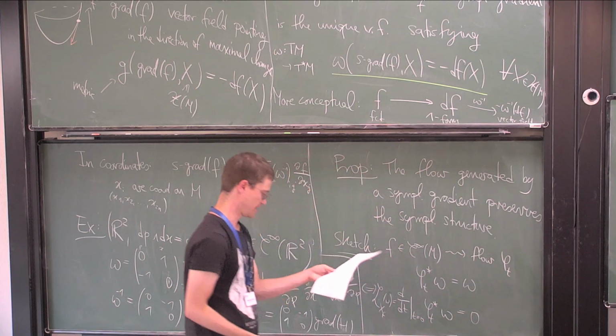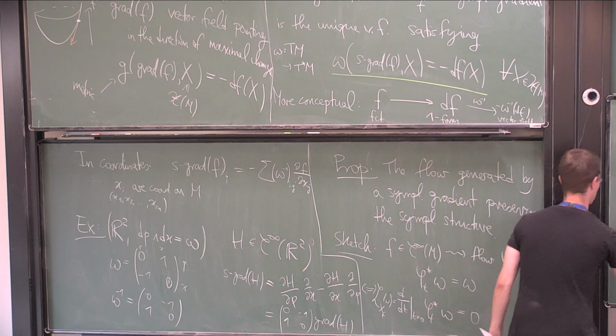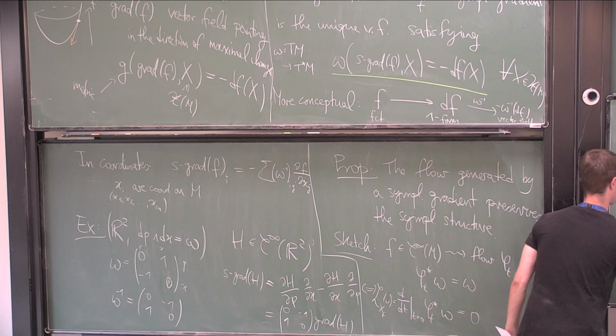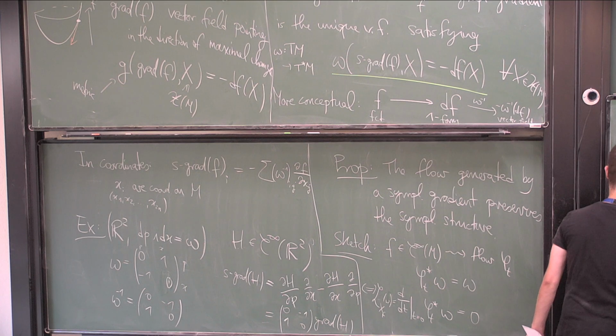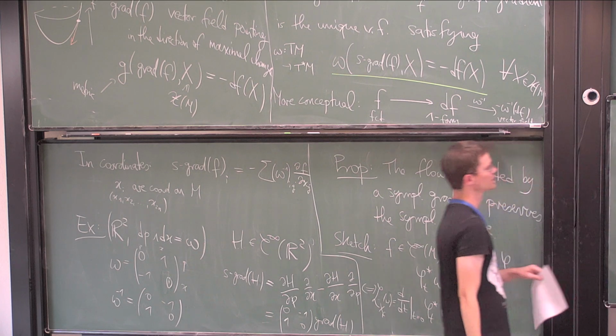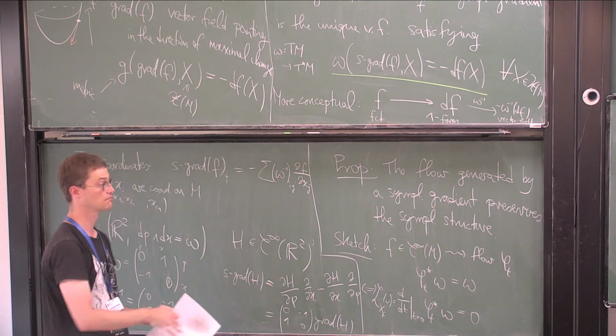Okay, then let's speak a bit about Poisson brackets. A symplectic gradient allows us to associate to a function a vector field.